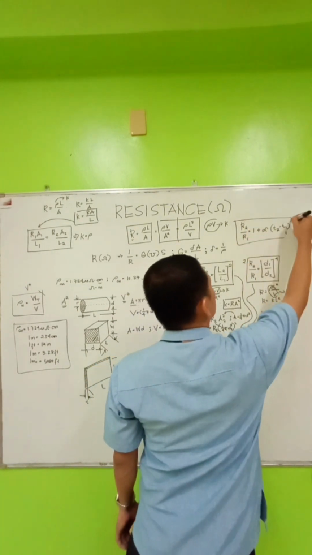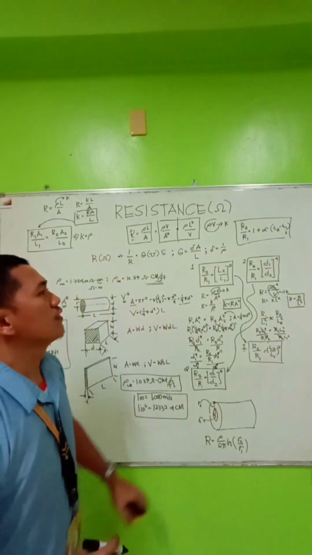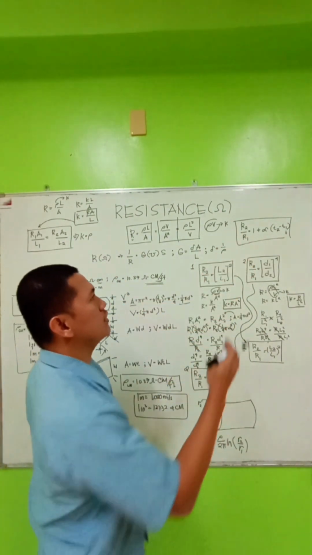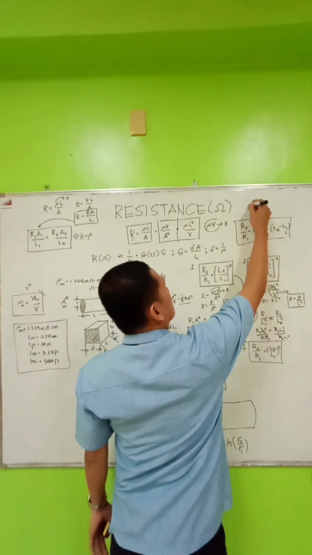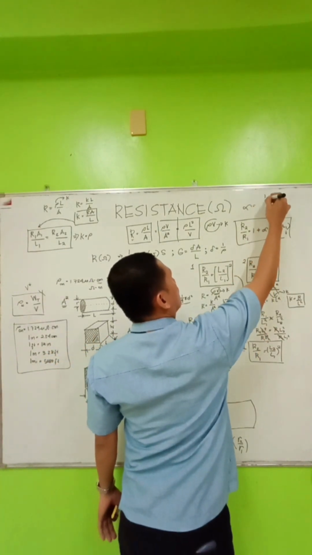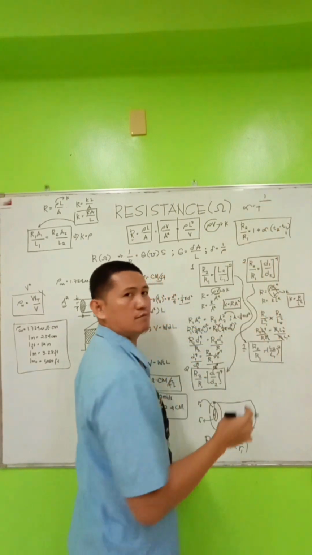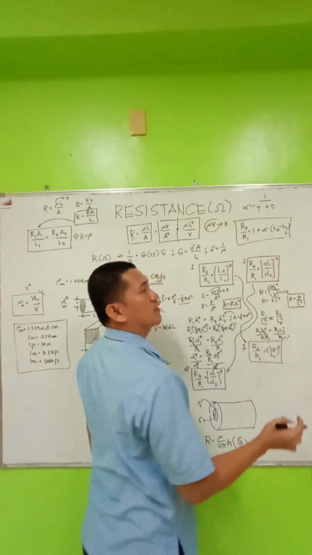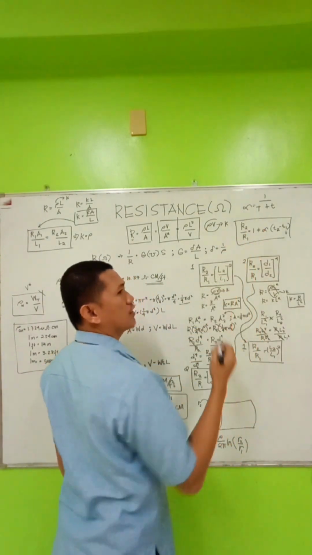You can use it also, and don't forget about the constant of the temperature coefficient. Your temperature coefficient is equal to 1 over the inferred temperature plus your reference temperature. Okay, so that is your temperature coefficient.